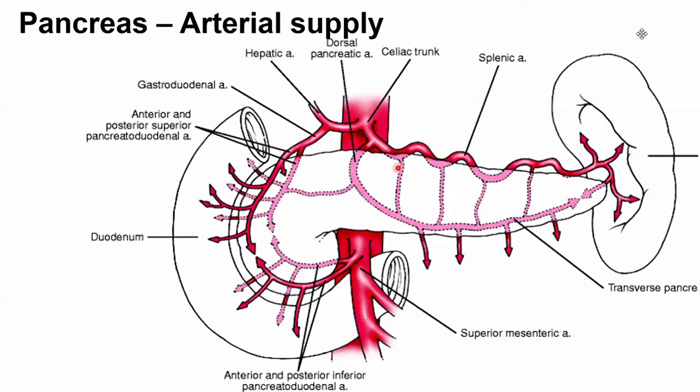And there is a network of vessels that connects the splenic artery and the dorsal pancreatic artery, coming from the transverse pancreatic artery also. Note the vascular supply of the pancreas. And why is it vascular? Because it also has an endocrine function.